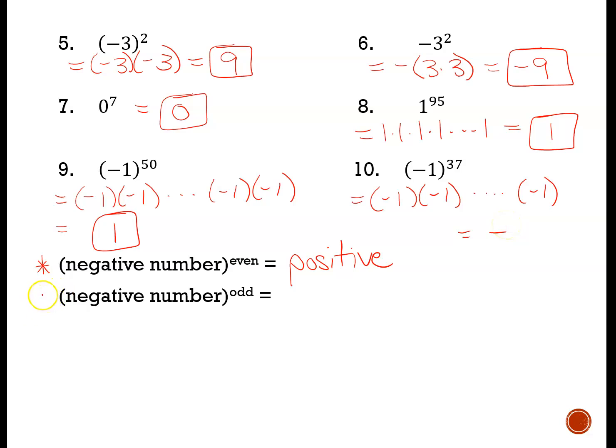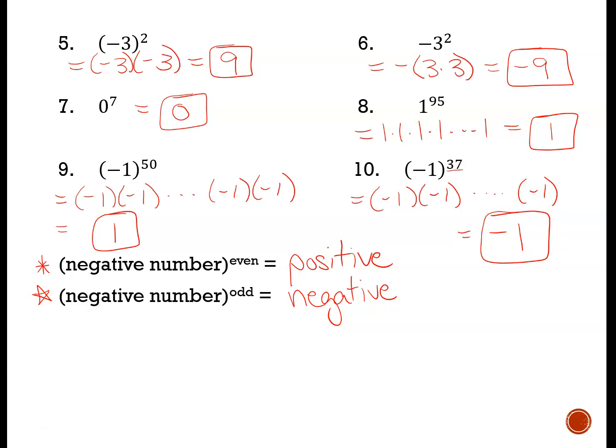Let's put a different symbol on that one. When our base is negative and an odd exponent, we will get a negative answer. And so, again, you multiply all the ones together, you get 1, and the odd exponent makes it -1.